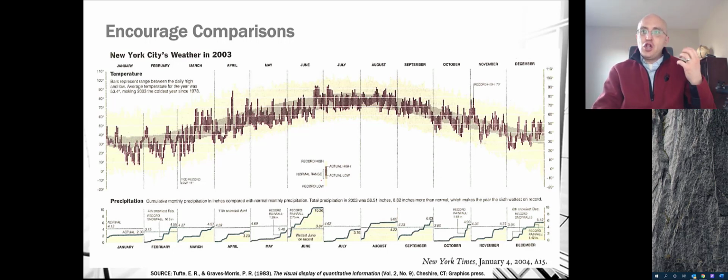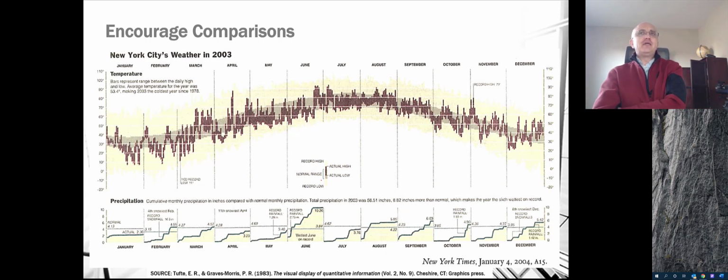Is it slow compared to the hotel next door? Is it slow compared to Superman? Because it matters, right? If we don't have a comparison, then we can't really make an assessment of what slow means. And so visually, we want to encourage comparisons.